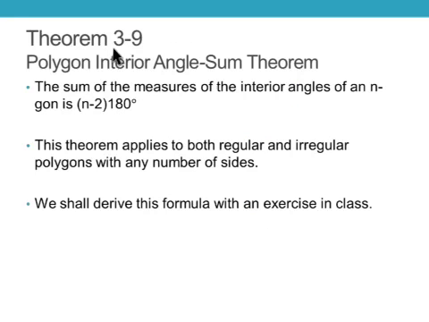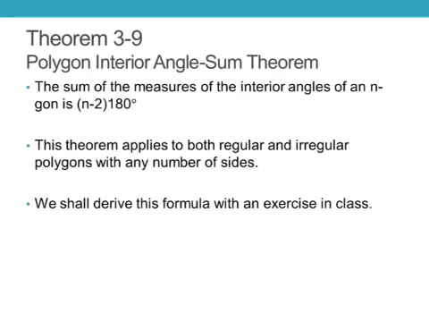So this brings us to Theorem 3.9, which is the polygon interior angle sum theorem. What this theorem says is the sum of the measures of the interior angles of any n-gon is the number of sides minus 2, times 180 degrees. And if we think back to dividing this polygon up into triangles, we divided it into 4 triangles, right? And each of the 4 triangles is comprised of angles from the interior angles of that polygon.